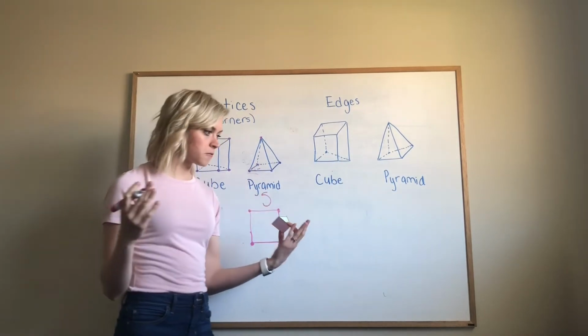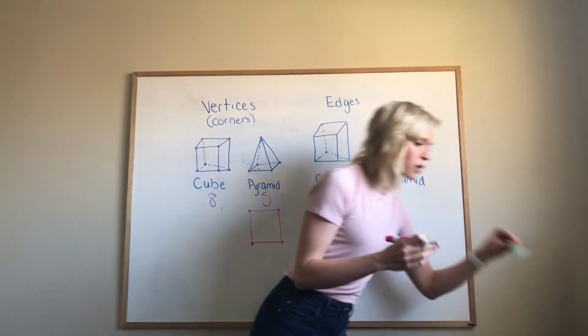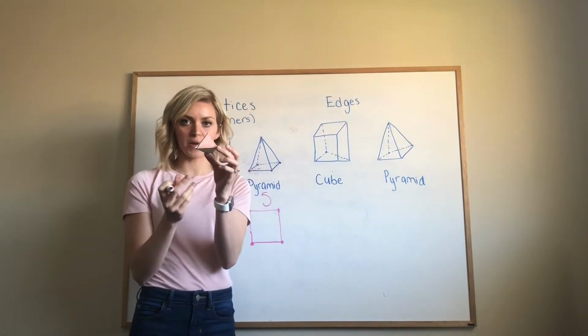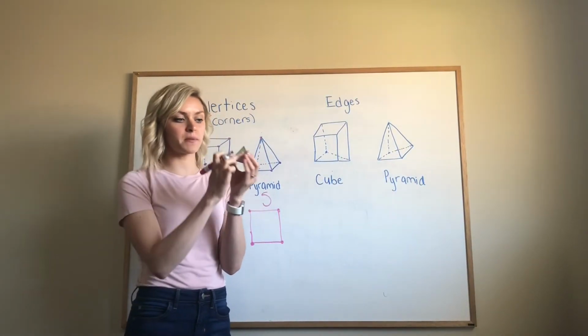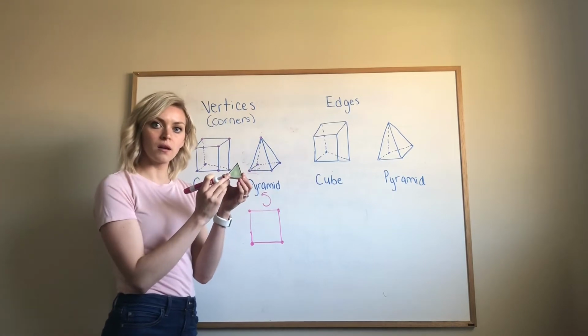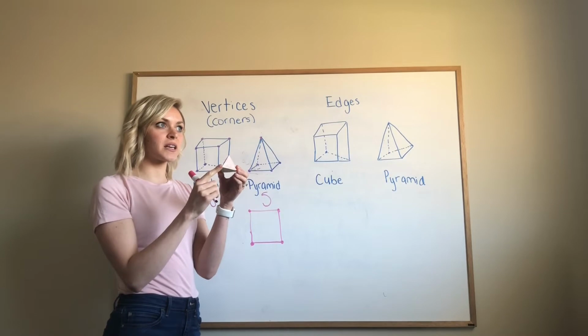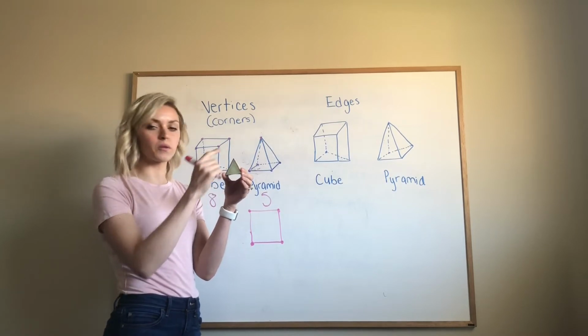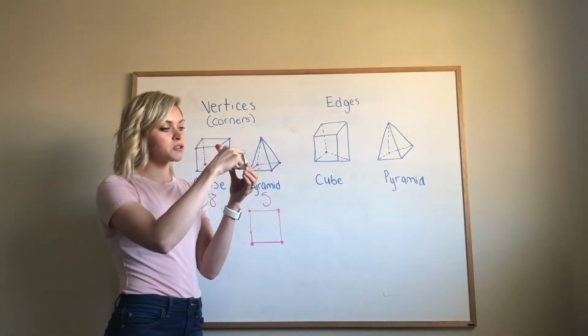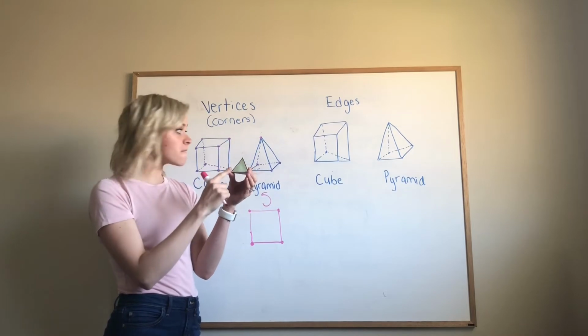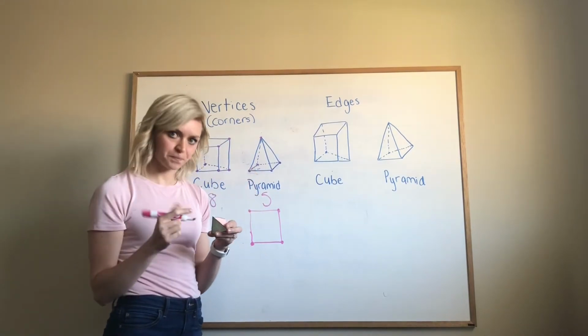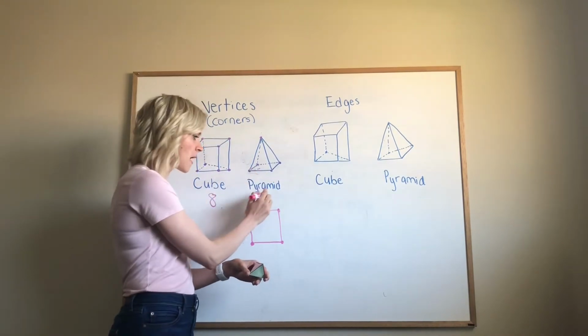Now what if it was my triangle pyramid, a triangular pyramid where the base shape is a triangle? I would count my 1 up top, so 1, and then I would count the 3 corners of my triangle. So 1, and then 2, 3, 4. It would have 4. All right, so not all pyramids have 5.